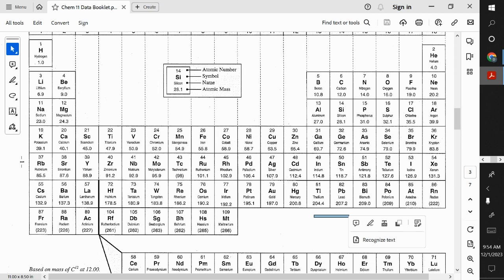Electronegativity increases going up. These are smaller atoms, so they hold on tighter. Which is larger? Barium or gold? Barium. Here's barium. Here's gold. Increasing atomic radius going this way. Okay? Questions like that are fair game. All right?